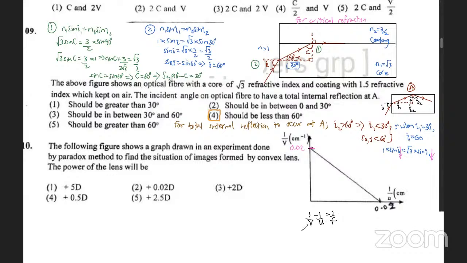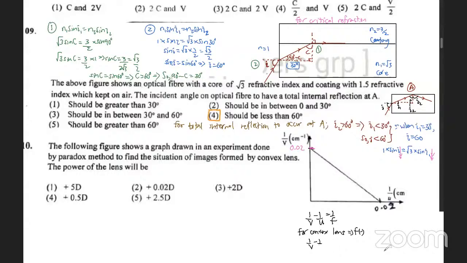So for convex lens, what about F? F is negative. So 1 over V minus 1 over U equal to 1 over minus F. If I make that the subject, 1 over V equals 1 over U minus 1 over F. Is it, or should it be the other one?